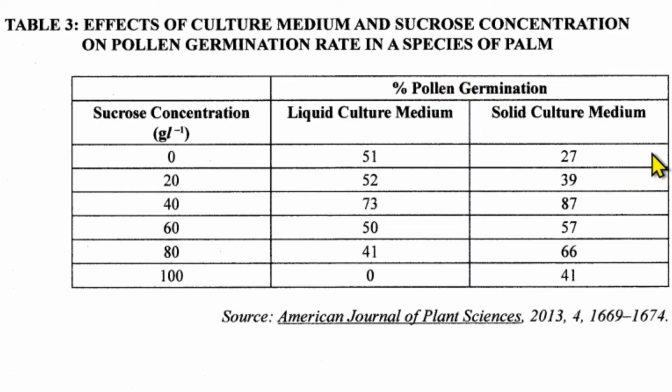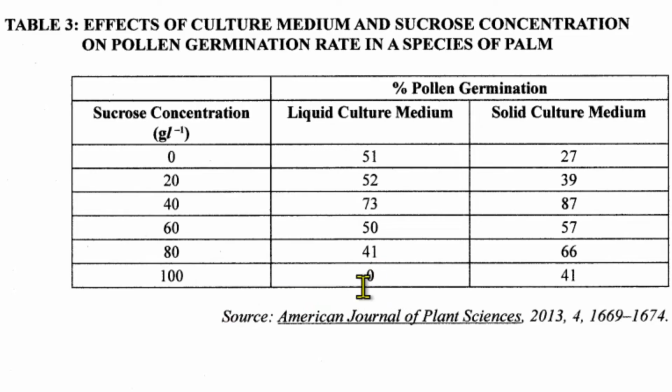Just from a quick glance on the table here, we can see from the liquid culture that the peak germination rate, which is 73%, is at 40 grams per liter sucrose concentration, and basically when it reaches 100 sucrose concentration, there's no germination at all. There's zero, none.